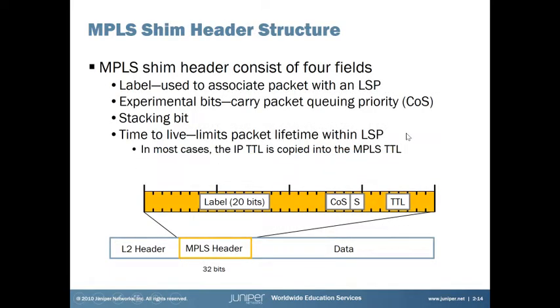So here's a closer look at our header. We've got a label making up 20 bits of that. We have a class of service capability there, which means that we're able to prioritize traffic, and we also have time to live.